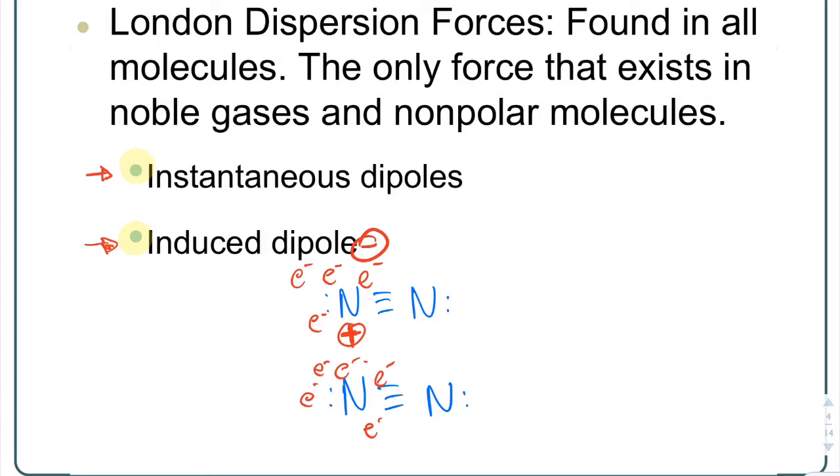So now all of a sudden this gets a negative and this gets a positive, and what do these two molecules do? They stick together. So we have this random motion of electrons here, and then it causes an arrangement to form in the neighboring atom, and they stick.